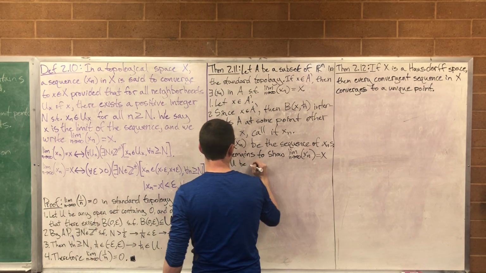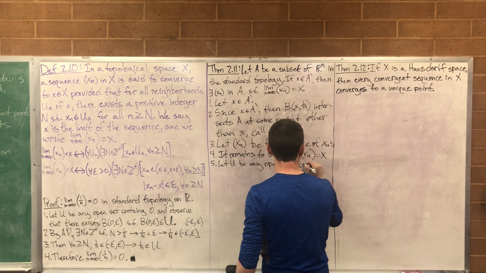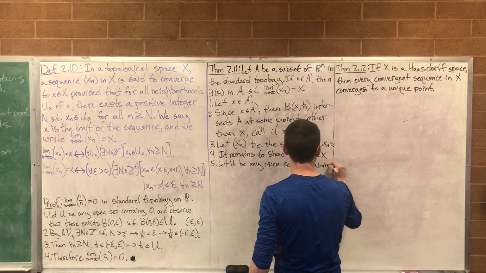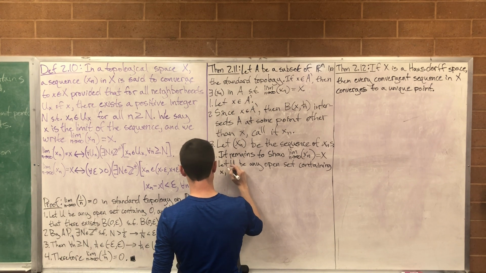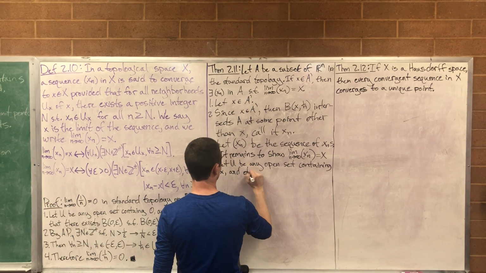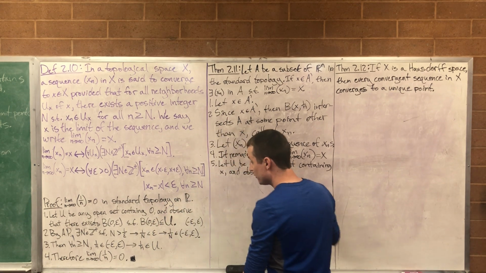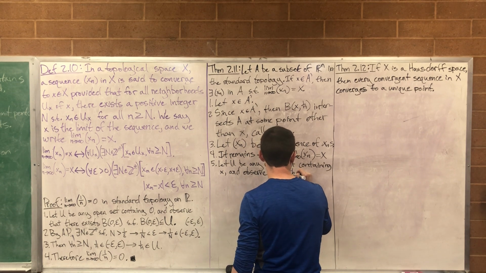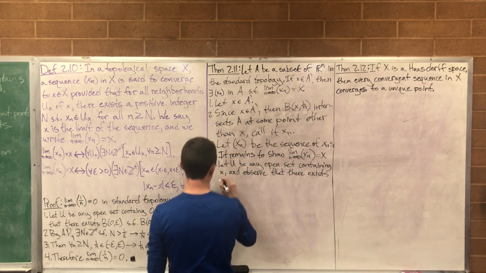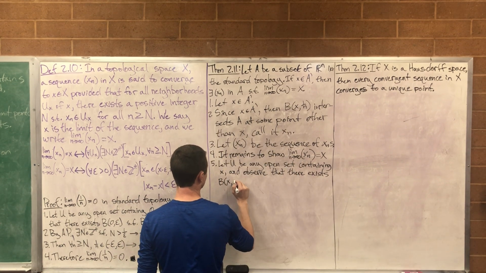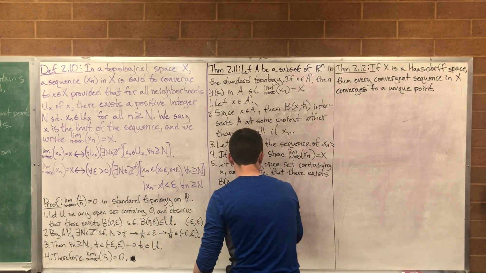Let U be any open set containing x and observe that there exists some open ball centered at x with some radius epsilon such that that open ball is a subset of U.